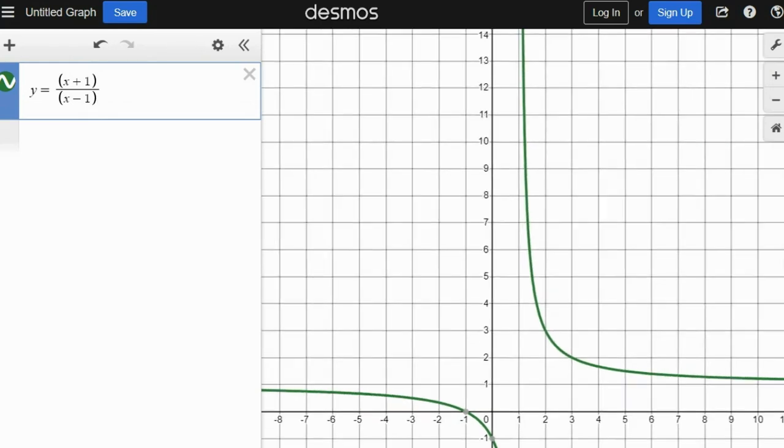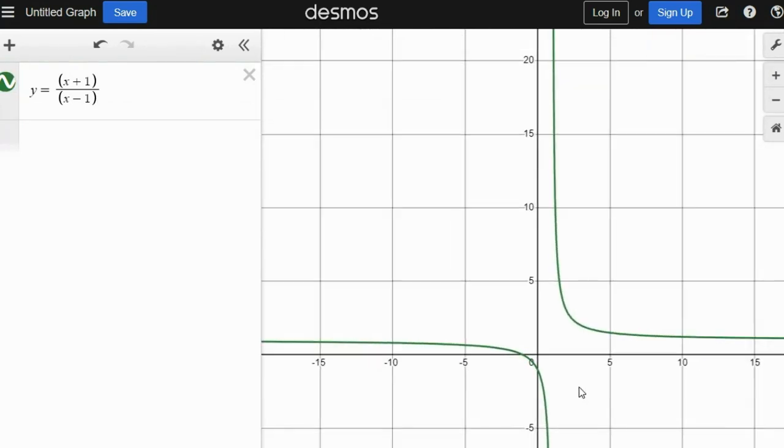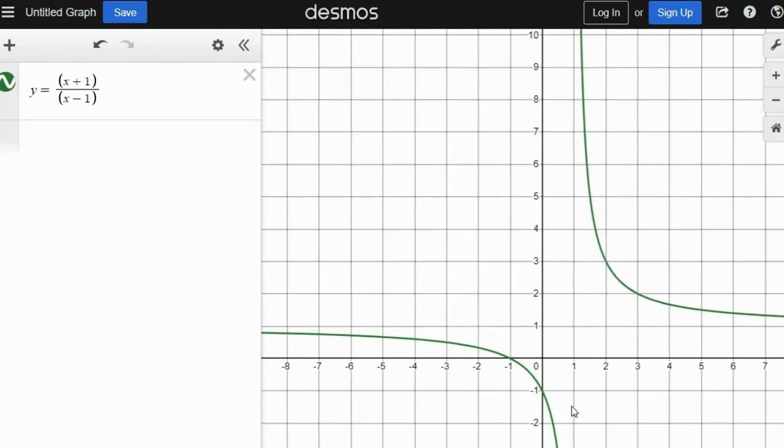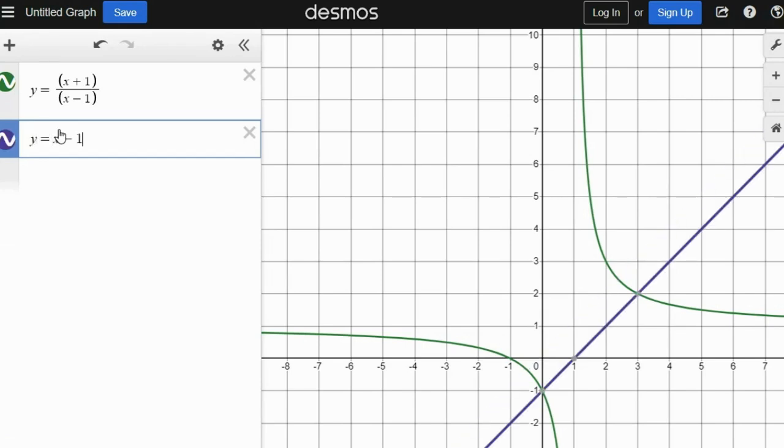Look, there's what a rational equation graphs like. It's got 2 asymptotes: an asymptote at positive 1 on the x-axis and on the y-axis. The other equation that we compared it with was y equals x minus 1. Okay, there are the 2 solutions we found.